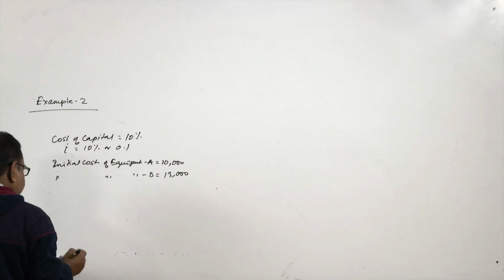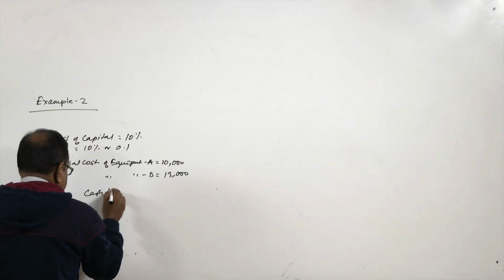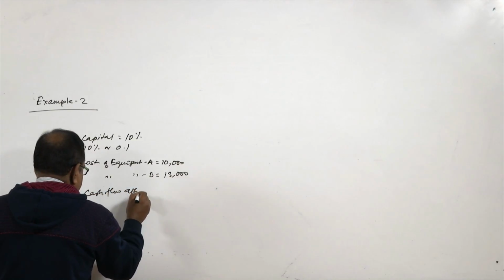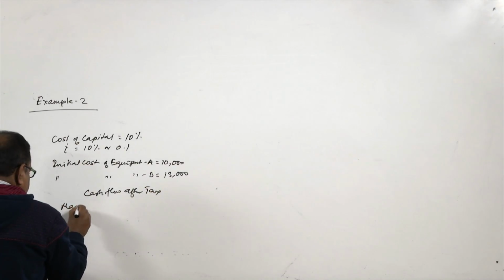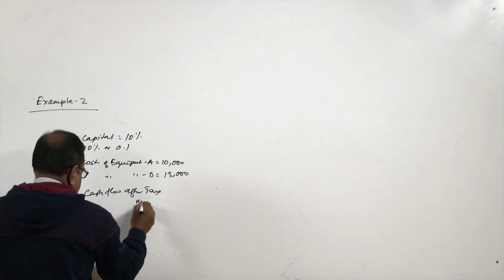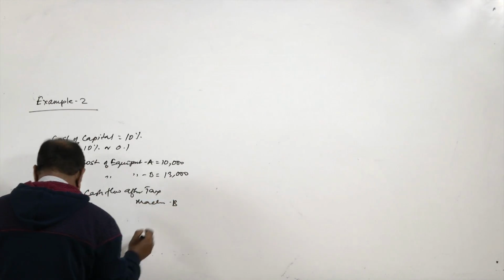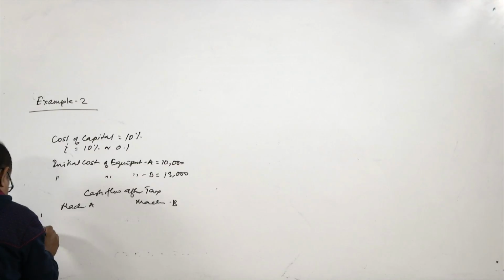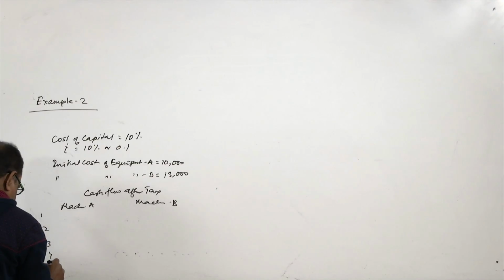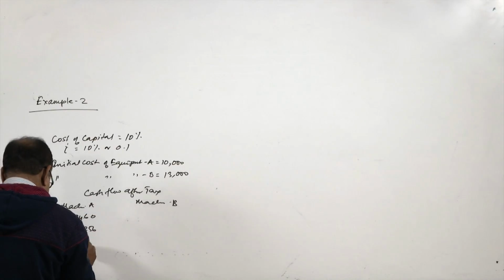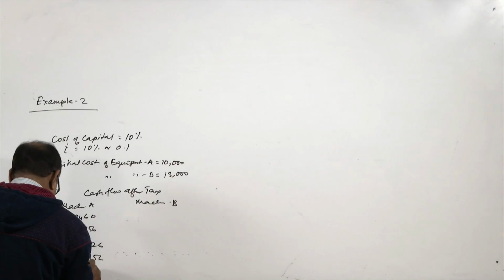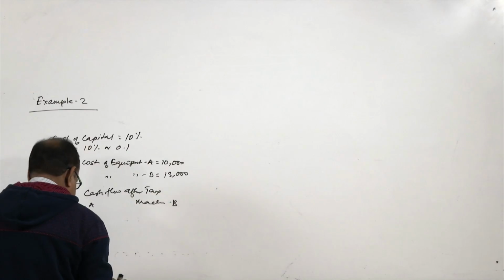and cash flows after tax for machine A and machine B, for years 1, 2, 3, 4, 5. For machine A: 2460, 3256, 3326, 2156, 5210.